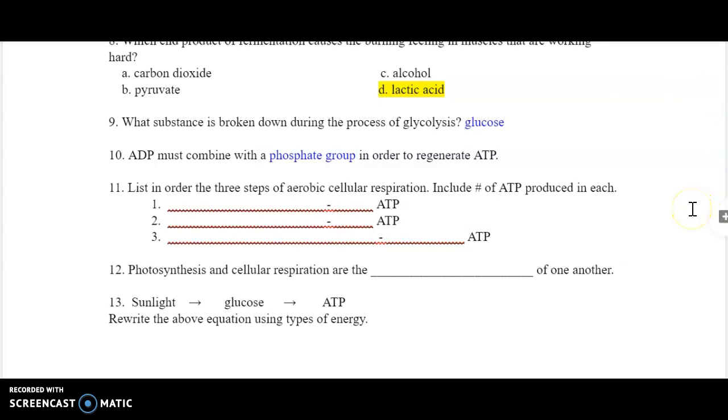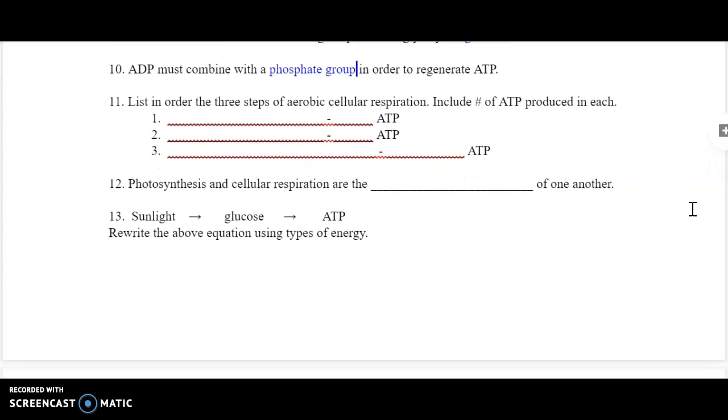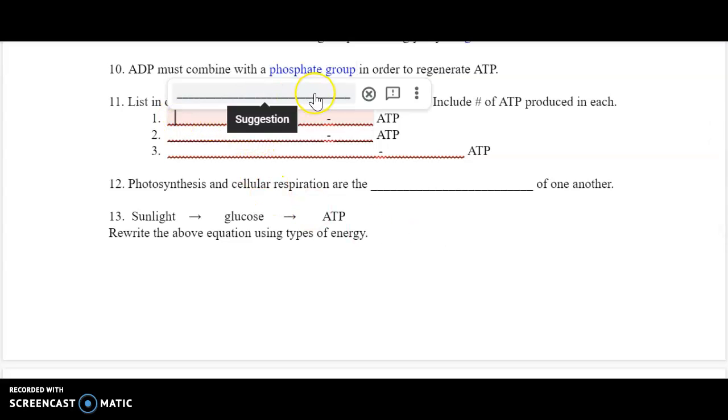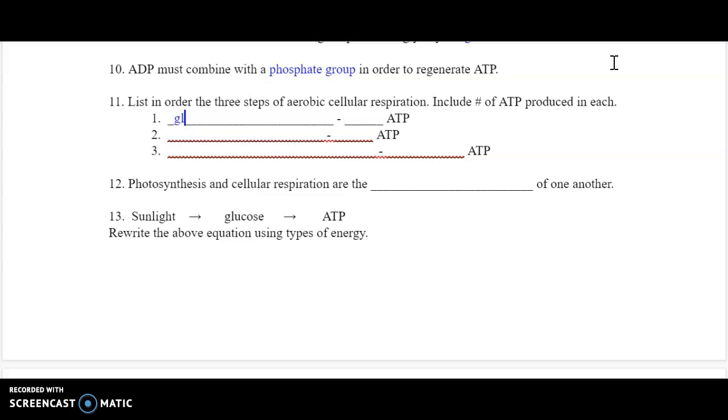Number 11, list in order the 3 steps of aerobic, so that's with the oxygen, aerobic cellular respiration, including the number of ATPs produced in each. That first step is glycolysis.